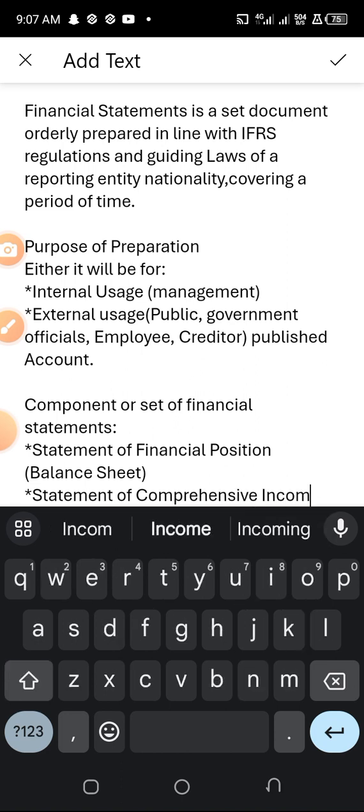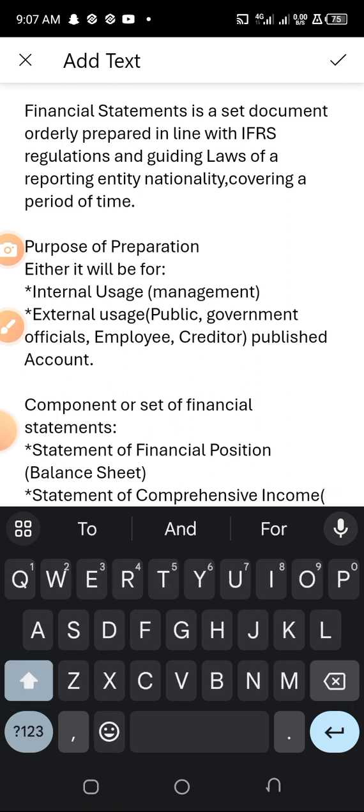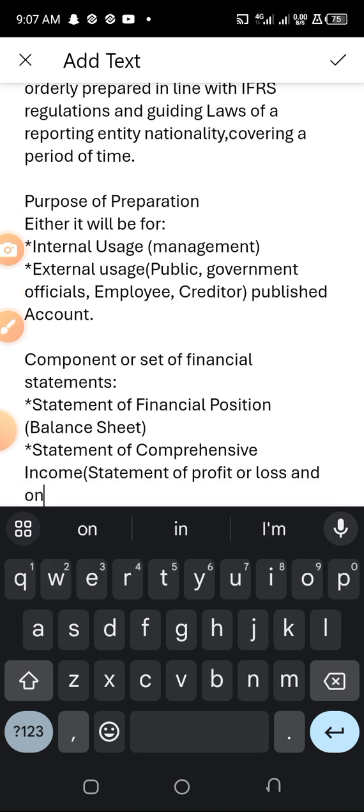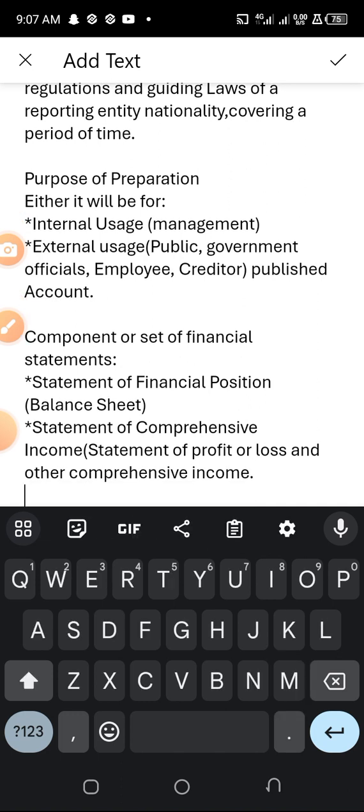That's what we also know as the statement of profit or loss and other comprehensive income.